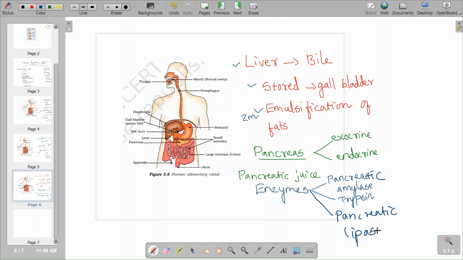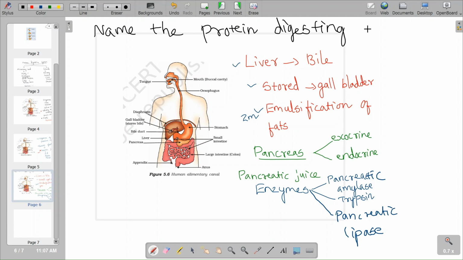The terms themselves give you a clue. Amylase is related to carbohydrate digestion. Lipase is related to fat digestion. The protein digesting enzyme in pancreatic juice is trypsin. You can expect another important question: name the protein digesting enzymes. We learned two protein digesting enzymes.